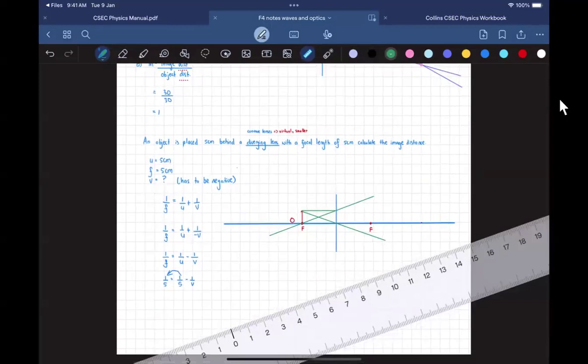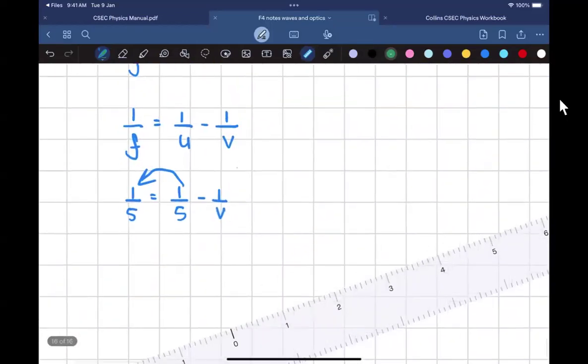Calculation kind of weird. Hold on. If you move the 1/5 in the last part of the equation we're doing there, then that'll be 1/5 minus 1/5 is equal to negative 1/v. But that'll be zero. Let me show you why that wouldn't work out.